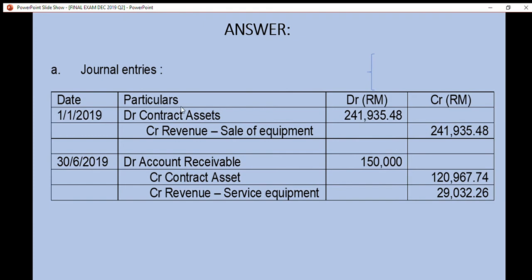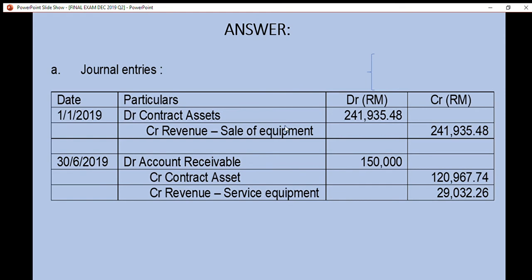We need to debit contract asset because the seller has not yet performed another obligation, that is to provide service to the equipment, on this particular date. So that's why we have to debit contract asset, because another obligation has not been performed.